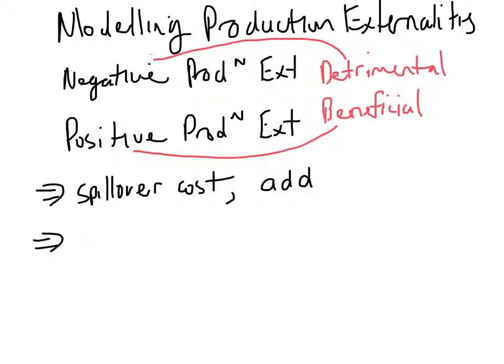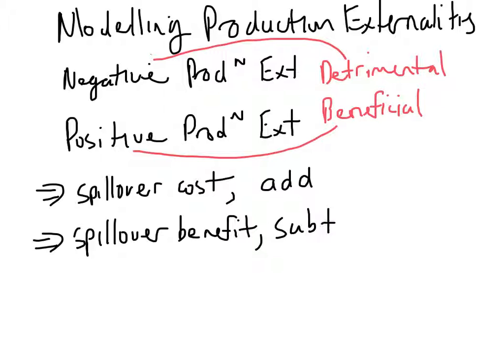If you encounter a spillover benefit, then you want to subtract. Because if you think about it, this benefit is the polar opposite of a cost. In other words, a benefit in this circumstance is a negative cost.